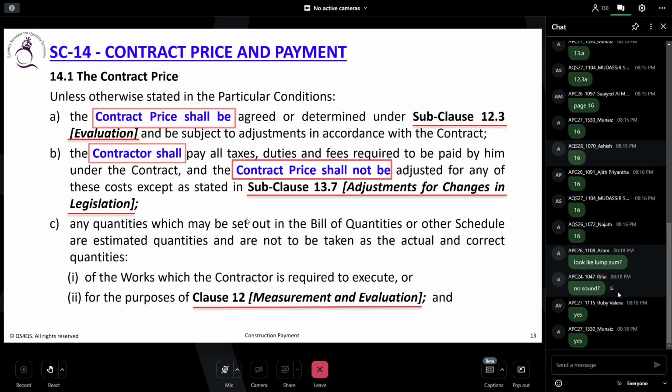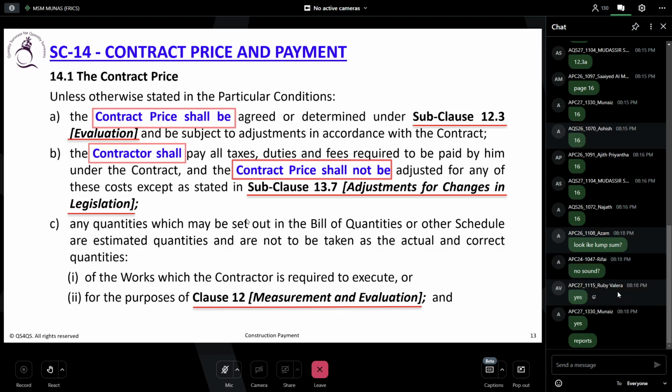Look at page number 15. It talks about everything about the site condition, the contractor, make sure everything is okay, understand.